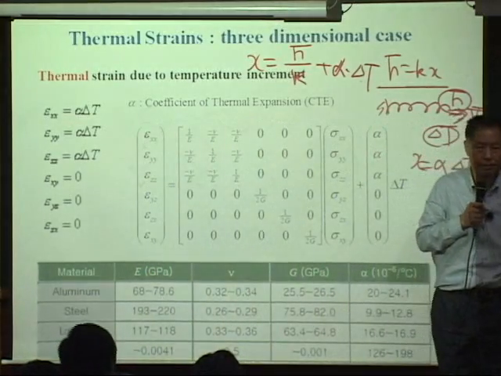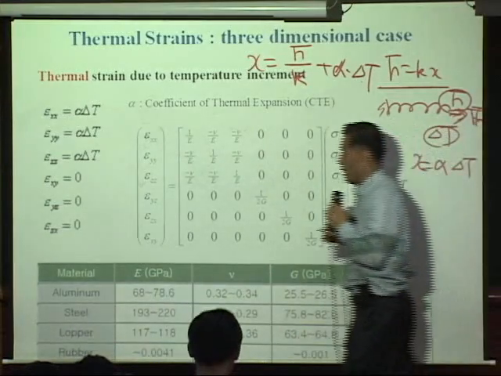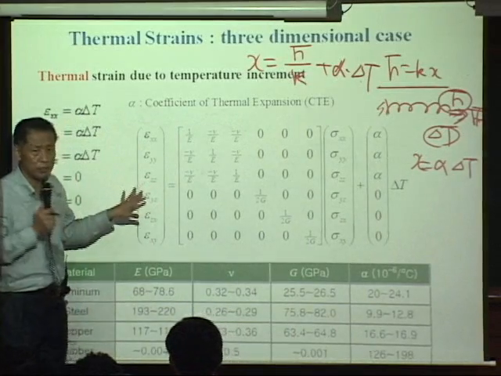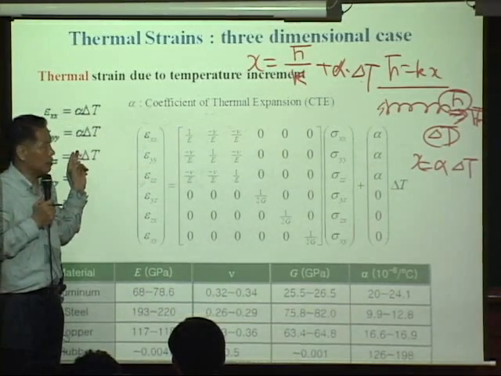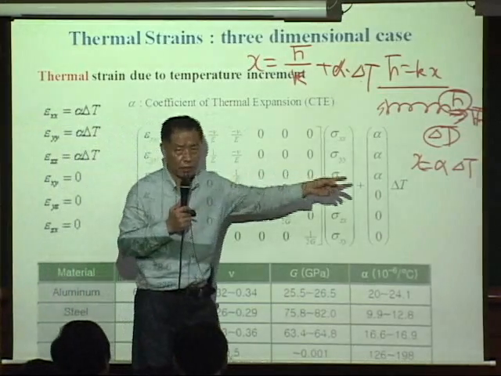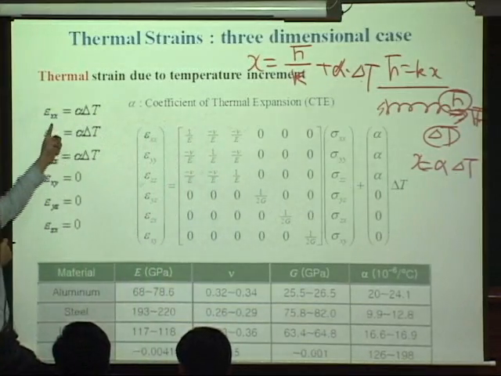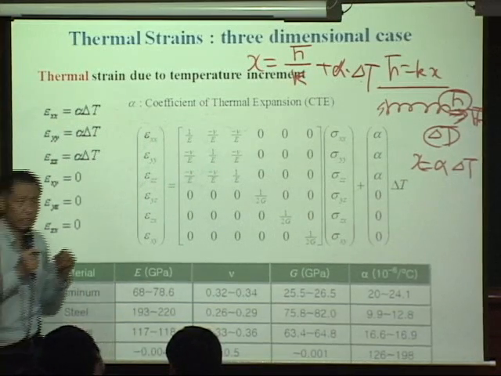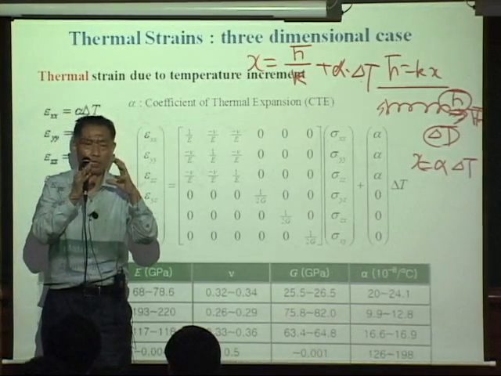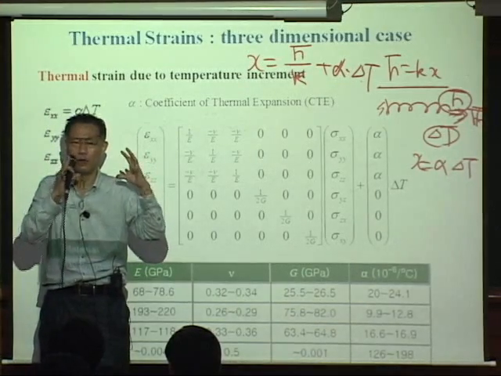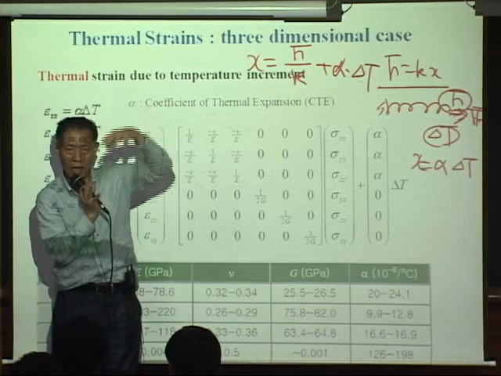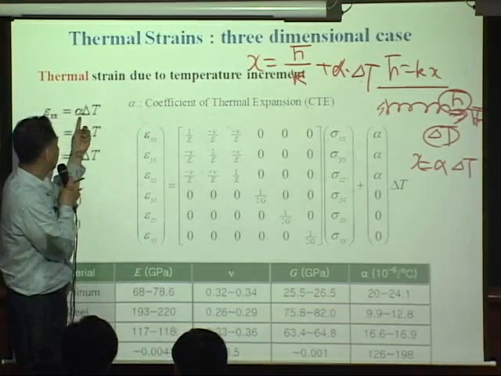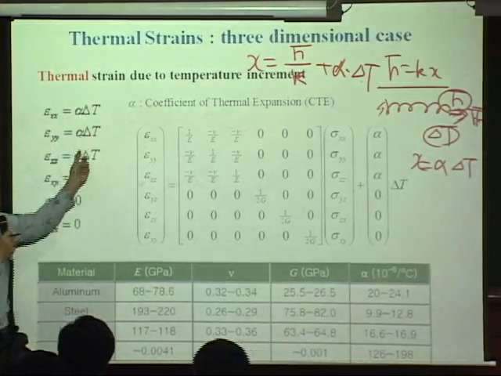Now exactly the same applies to a three-dimensional body. In a three-dimensional body, similar to x equals alpha delta T, we have epsilon xx, epsilon yy, epsilon zz in all directions. If we increase the temperature of a body, it will expand this way and that way, in every direction.